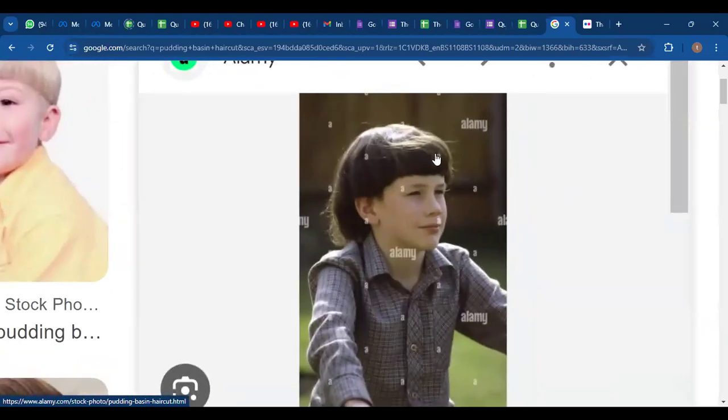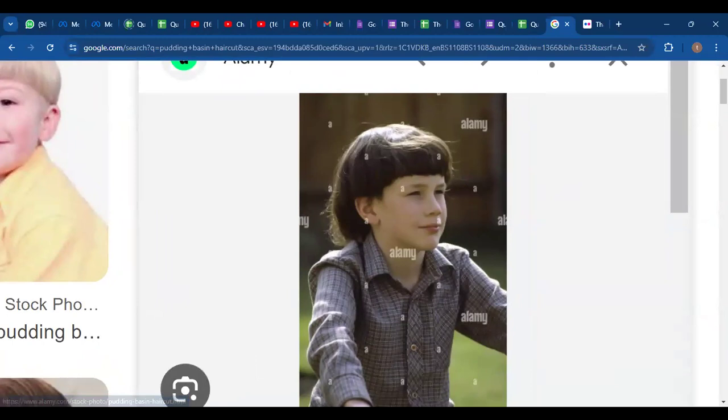So like putting basin, but long at the back, short in the front. Does that make sense? It's like a mullet. Yeah, it looks like a mullet with a line to the front. Yeah, exactly. Or like an Edgar.